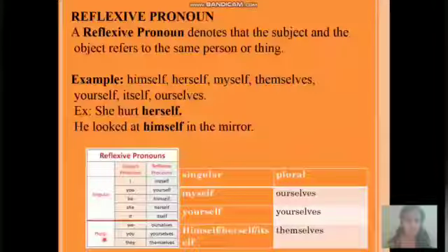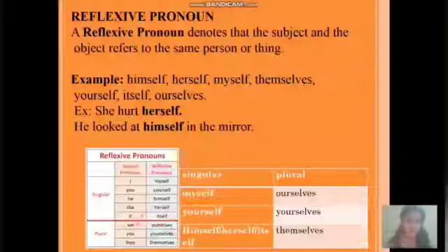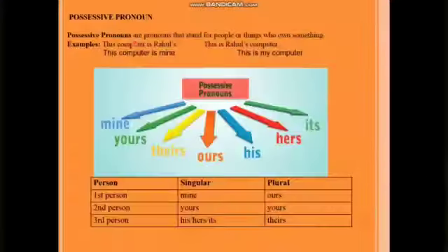Now look at the plural pronouns. The plural pronouns we, you and they take the form selves. So we becomes ourselves, you becomes yourselves, they becomes themselves.